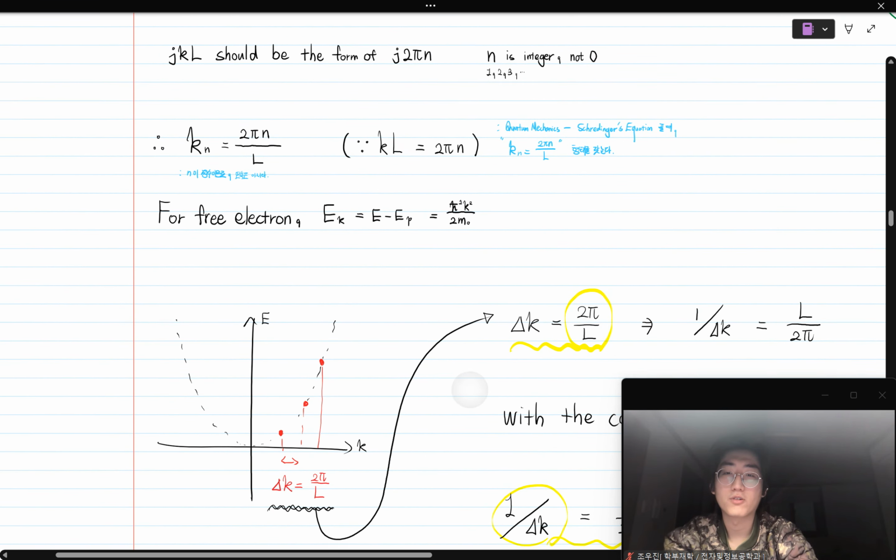For a free electron, kinetic energy can be expressed as total energy minus potential energy, and this equation comes from here.